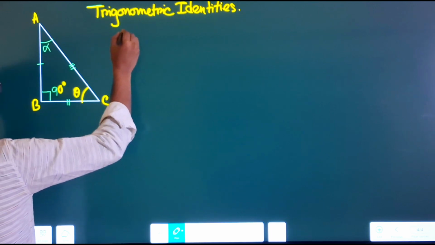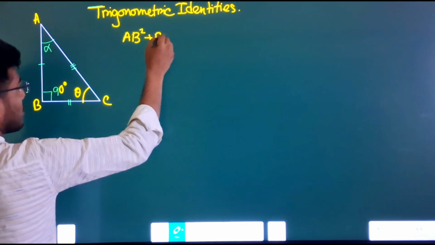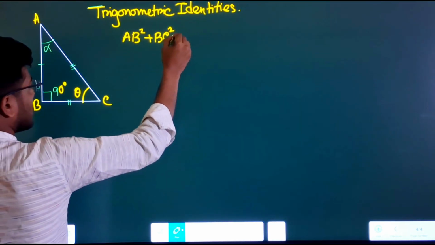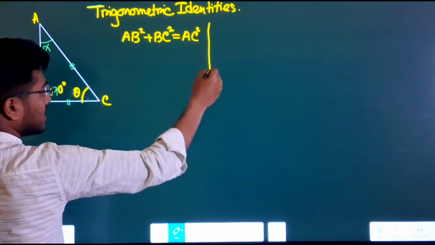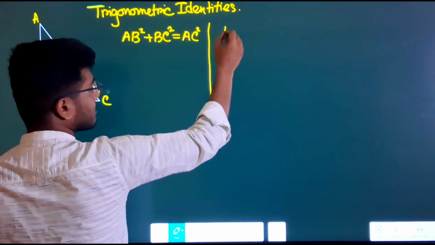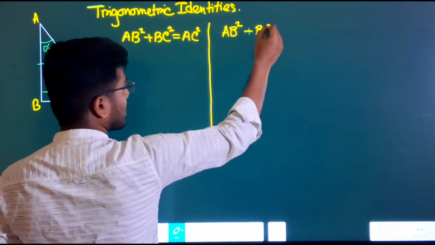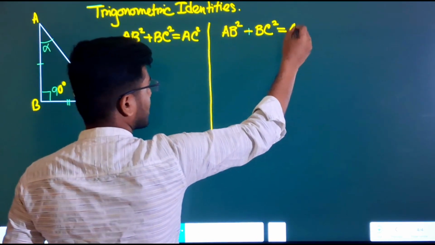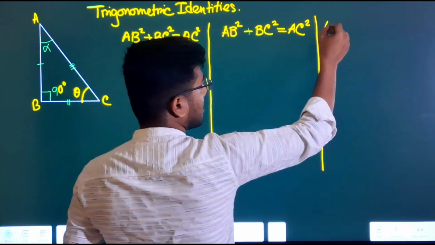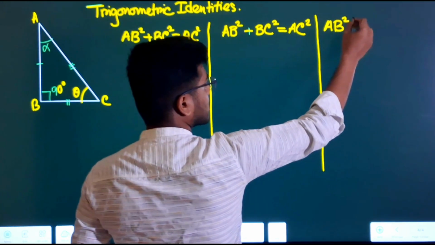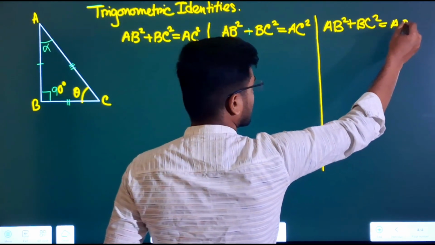We write it in three ways: perpendicular square plus base square equals to hypotenuse square.